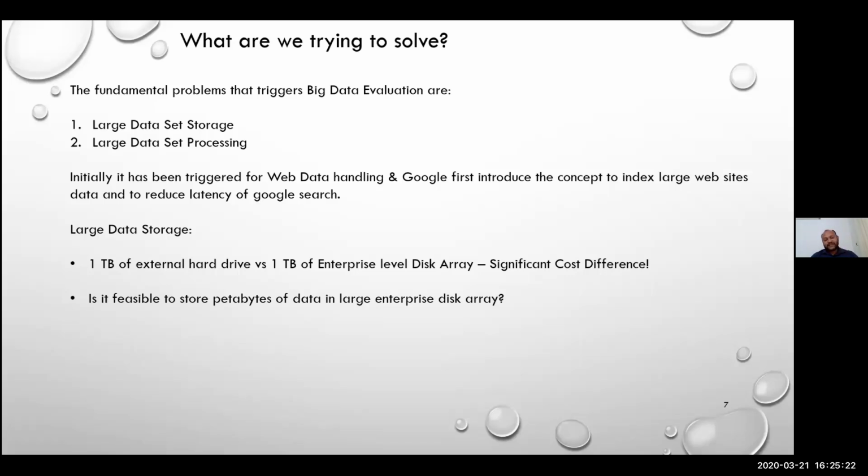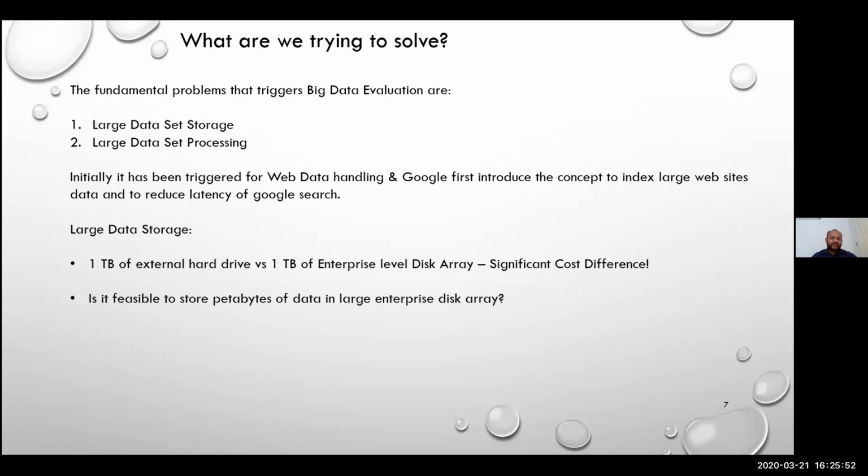As I said, this technology was initially brought to us by Google, and their fundamental problem was how to search a huge amount of data based on users' queries and, within milliseconds, get relevant results to the users. It started from there, and now it is used in many places.